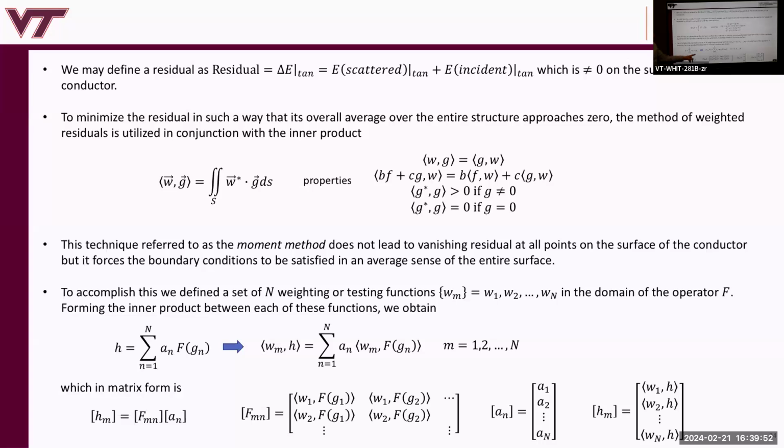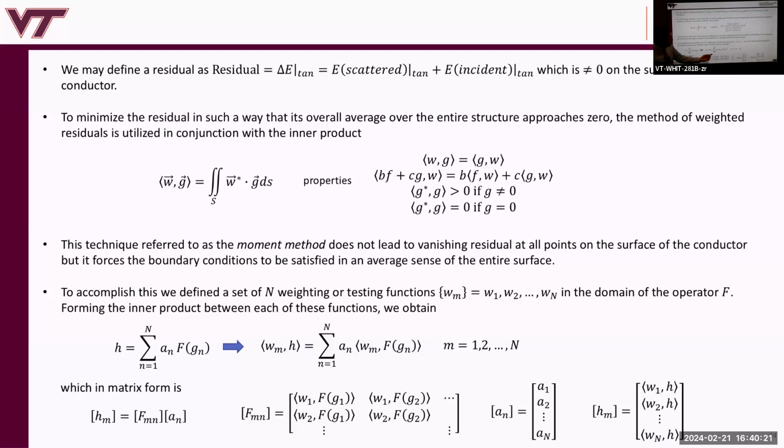This was our EFIE we derived before: the incident field is equal to the current coefficient vector multiplied by basically the impedance matrix. Now we take the functional inner product of both sides of the equation with our testing functions. So now we have Wm dotted with the incident field integrated, and Wm dotted with the integral operator on the right-hand side.